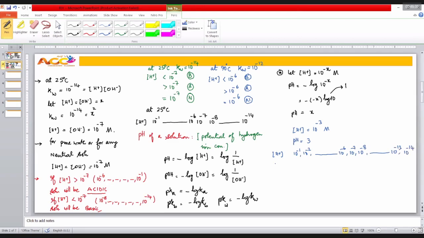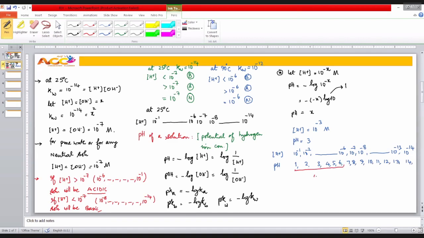Now let us take the pH values: 1, 2, 3, 4, 5, and so on. Therefore, if you have a solution whose H plus ion or OH minus ion concentration is known to you, you can calculate the value of pH also, and pH is changing from 1 to 14.